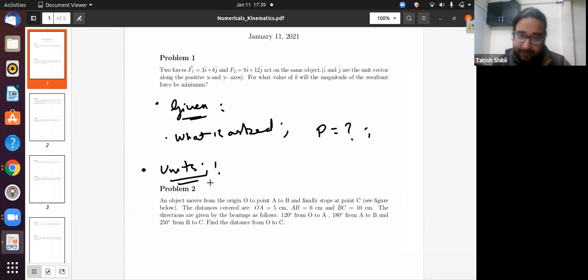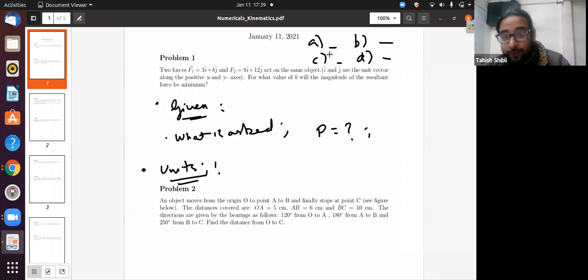Check the units of the options as well, because many a time a question will be really, really hard if you actually go ahead and solve it, but the options given, A, B, C, D, will have different units, and you can just check the units and at least come to, let's say, A or B being the answer. So you can eliminate the wrong answers if you check for units. First thing you do is check units.